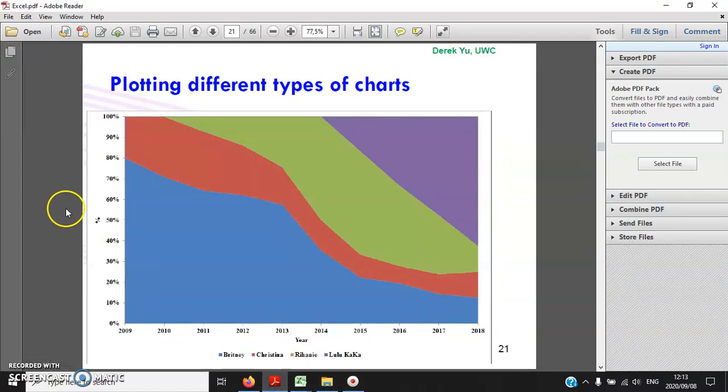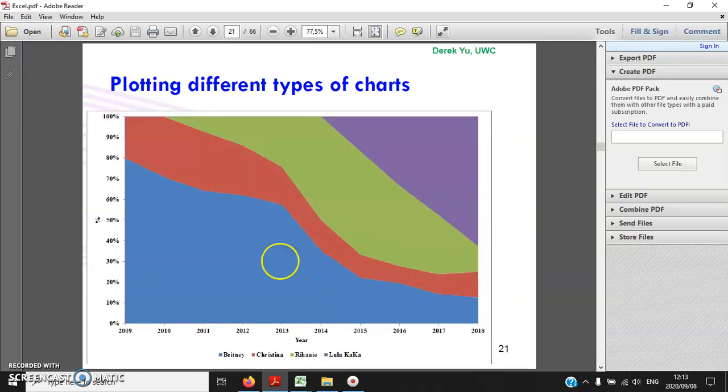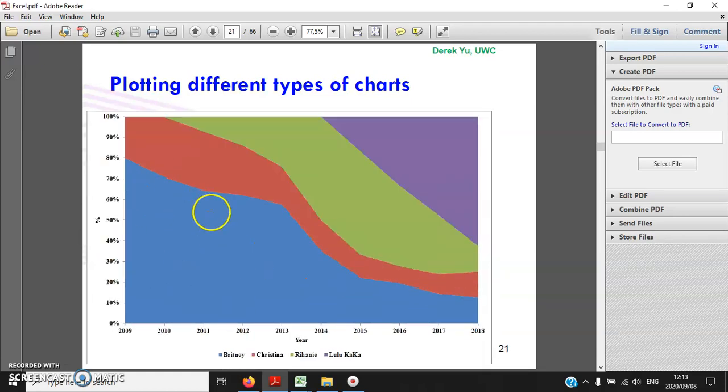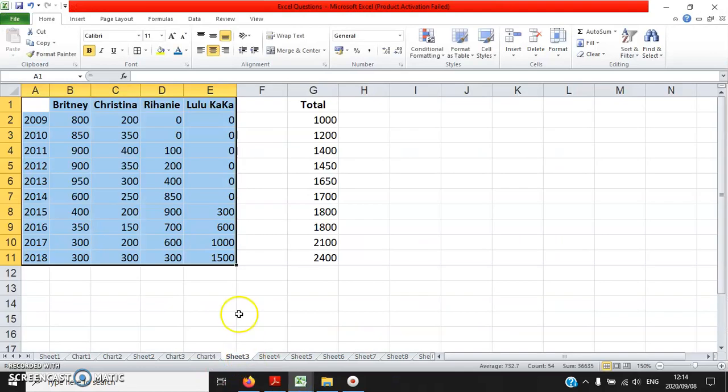And then for the next two questions, again, this is just another option. In case you don't like the column chart, you can do the two charts as stack area chart and 100% stack area chart. I think in both cases, you will once again see the demise of Britney, but the students, more and more students in proportional terms or absolute terms, they support Lulu Kaka. So let's do these two charts.